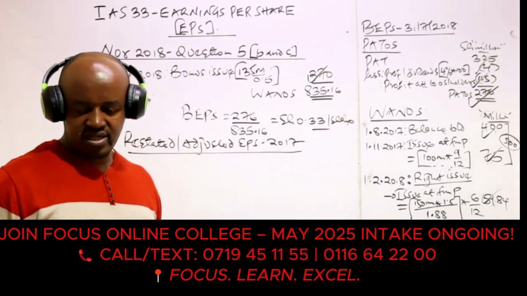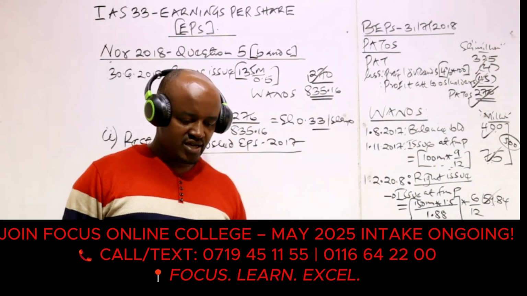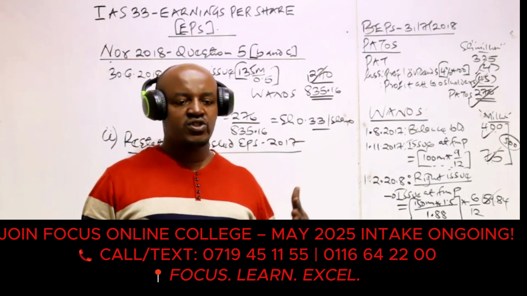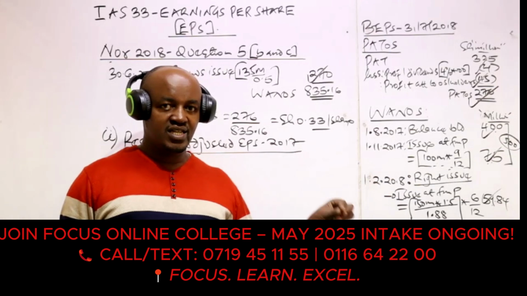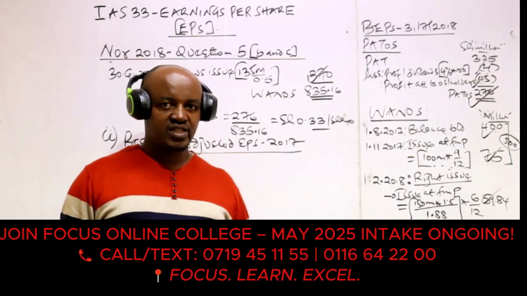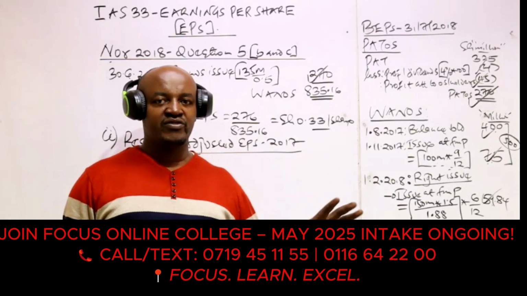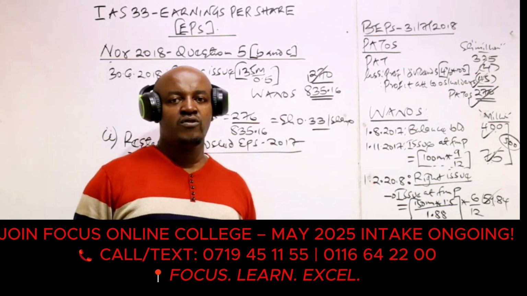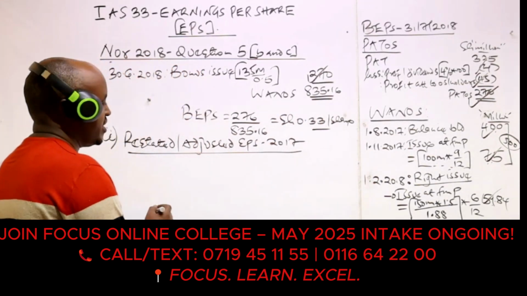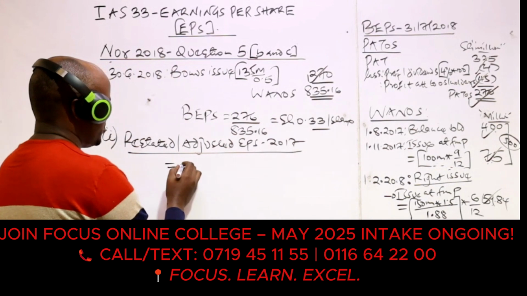We have 2017 and 2018. And actually we have said whenever you're given information about 2 years, 2017, 2018, and it happens that in 2018, the most recent financial year, the company issued some shares free of charge or bonus shares, you have to use them to restate the earnings per share for 2017.